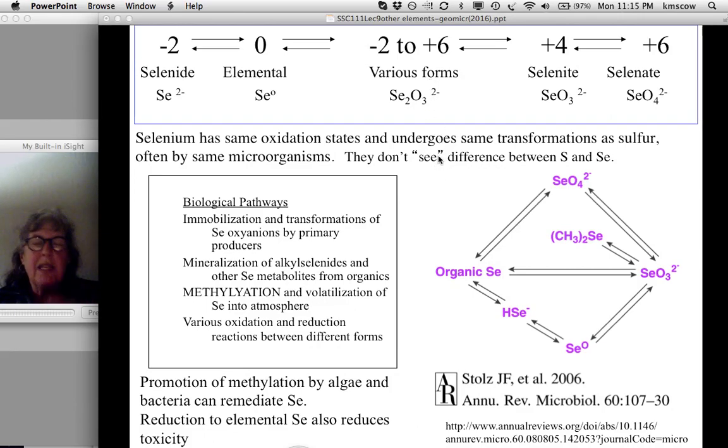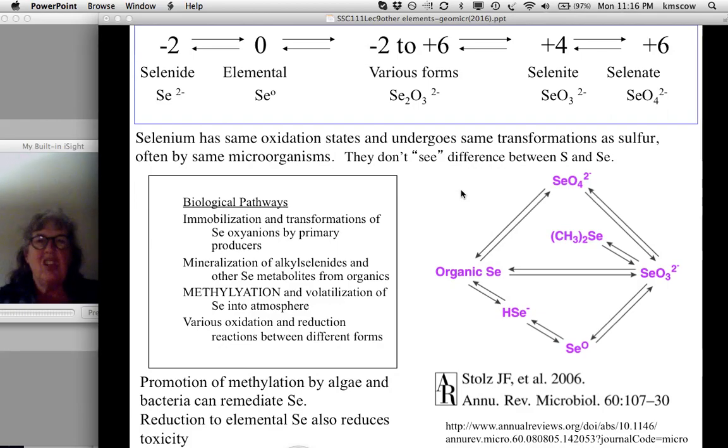So these would be like amino acids that are supposed to have sulfur in them. When there's a lot of selenium around, they'll go ahead and incorporate the selenium into those amino acids, and that ends up making lousy enzymes or whatever it is that they're making from those amino acids, and leading to deformation or death.